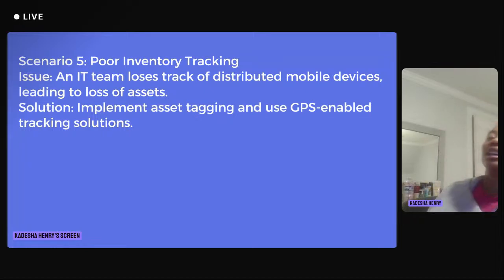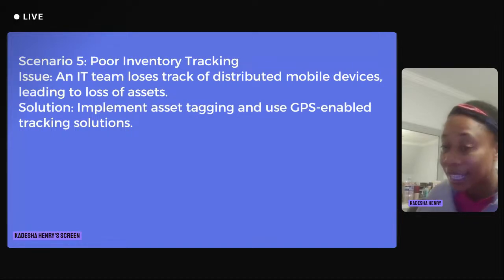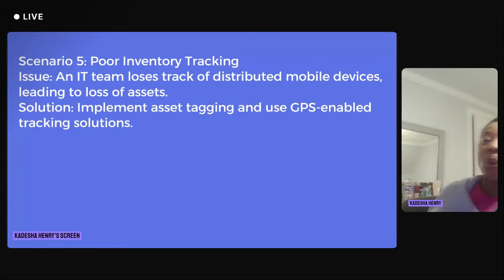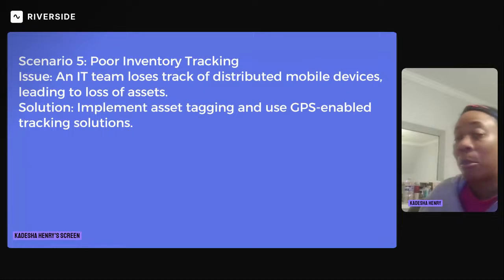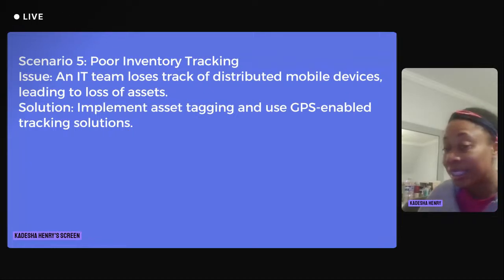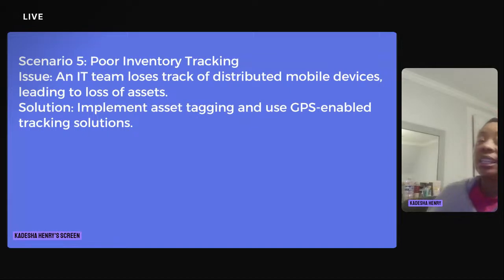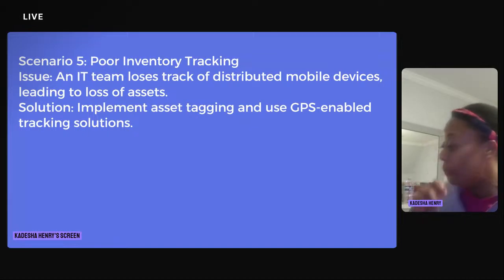Sometimes an employee may be given a device and they come back later because they lost it, or they have it for their own personal need and report it lost or pretend like they didn't get one. So if you have a poor inventory tracking system, it can lead to loss of assets, right?